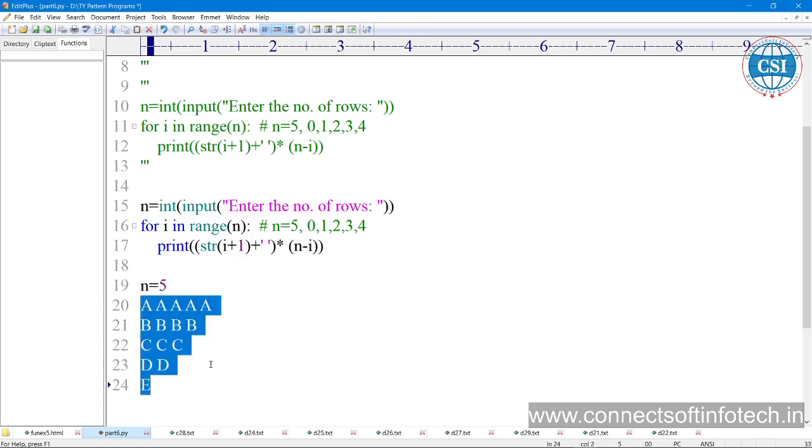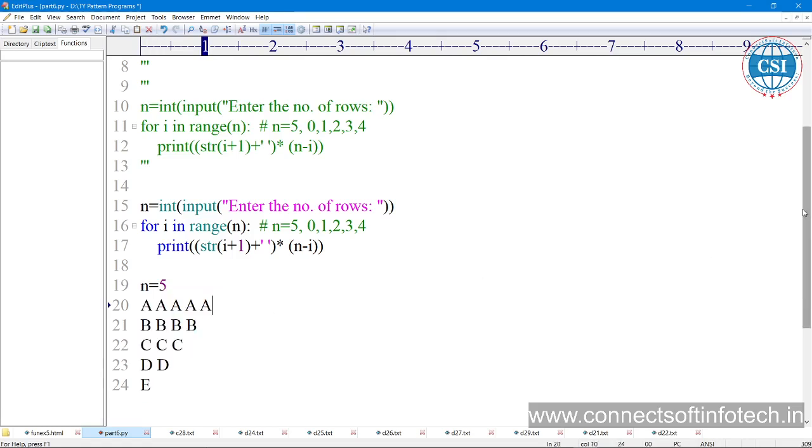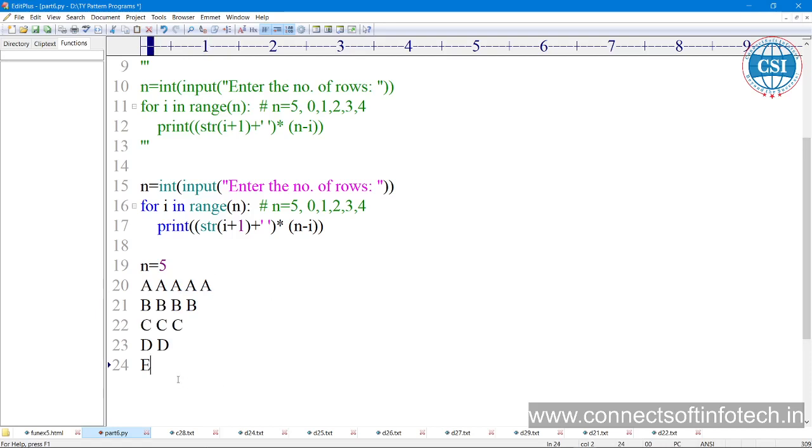Since we are dealing with characters, we need to use the ASCII code. Then chr of, how can we write the logic?